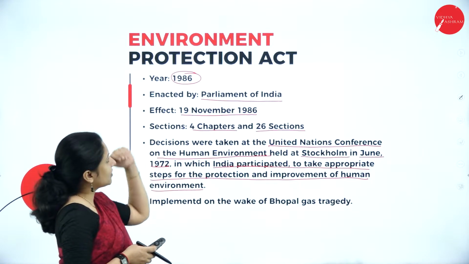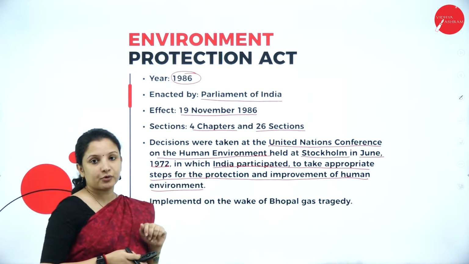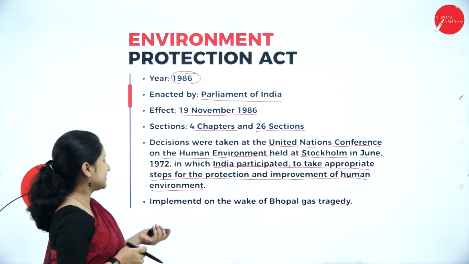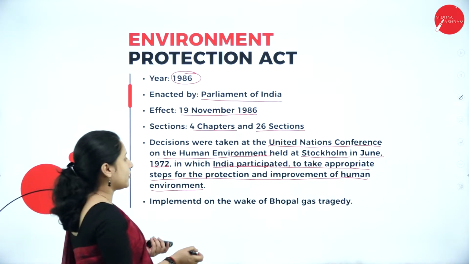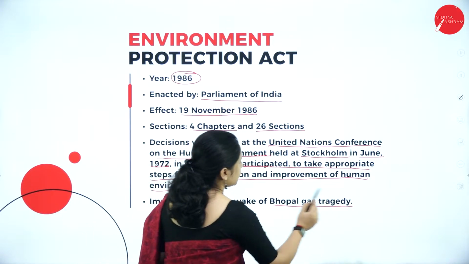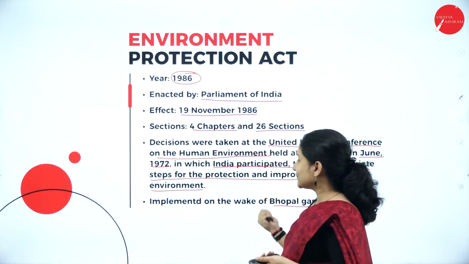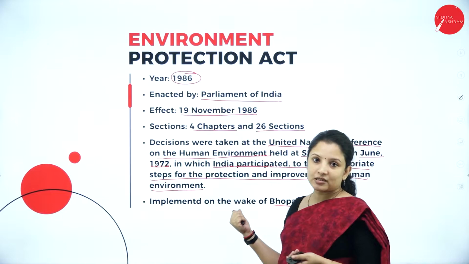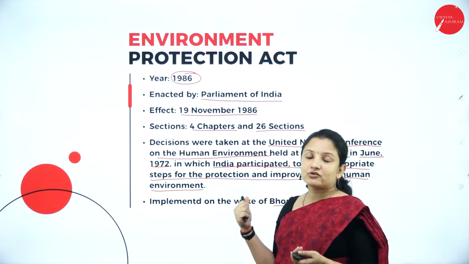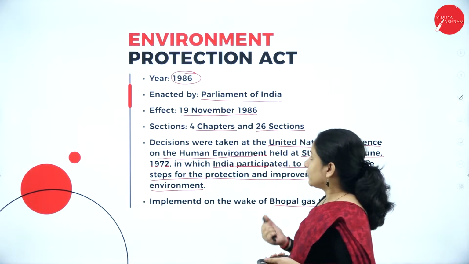In the year 1986 the Environment Protection Act came into existence. So it was implemented in the wake of the Bhopal gas tragedy. This was the incident that generated a spark in the Indian government, stating that we need to strictly protect the environment.